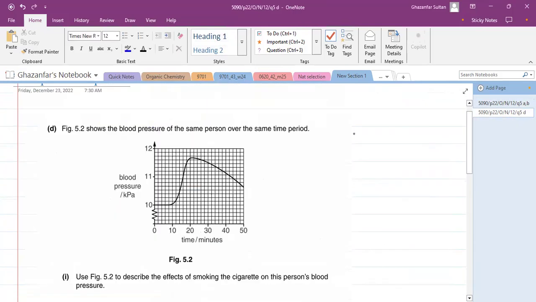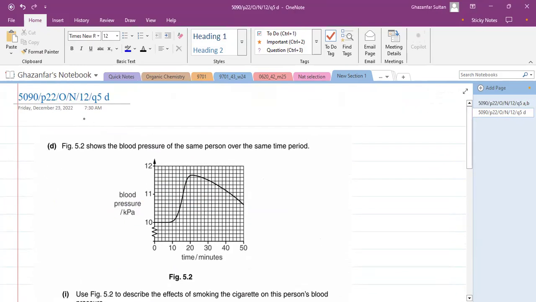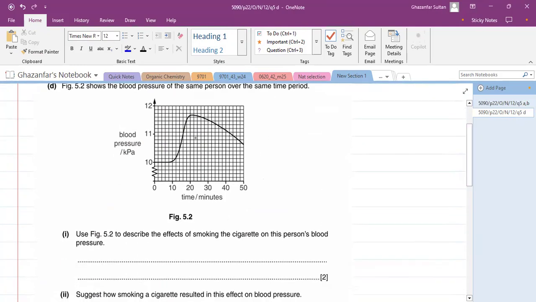Okay, now this is the next component question of the same 5D. Figure 5.2 shows the blood pressure of the person over the same period. If you see, the blood pressure rises after 10 minutes, and it remains high for a long time.